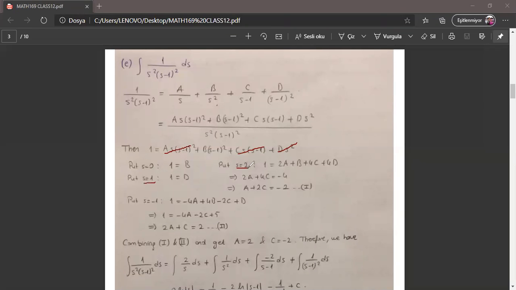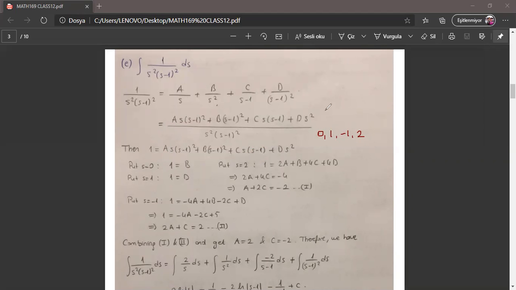Similarly, we tried these ones. If you have something complicated like this, you can try these numbers: 0, 1, minus 1. Or if you need more, you can try 2.